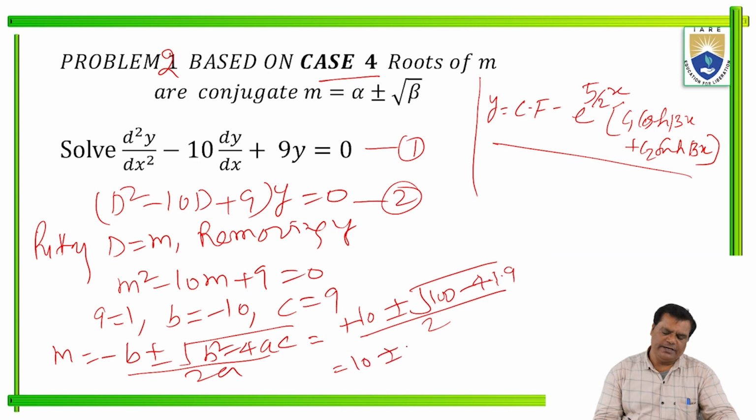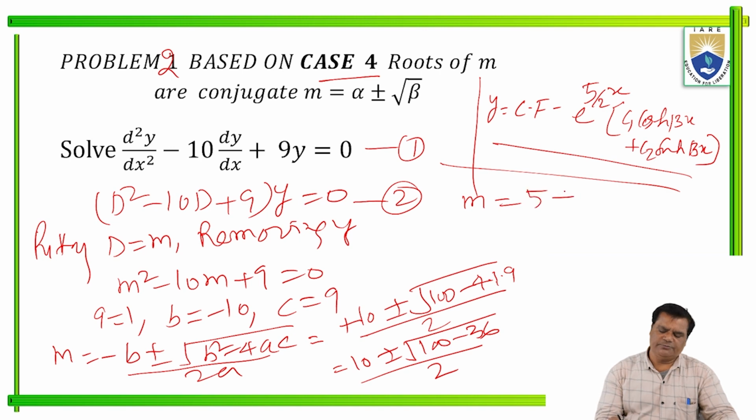So 10 plus minus under root 100 minus 36 upon 2.